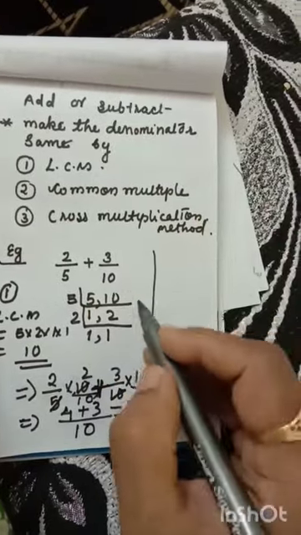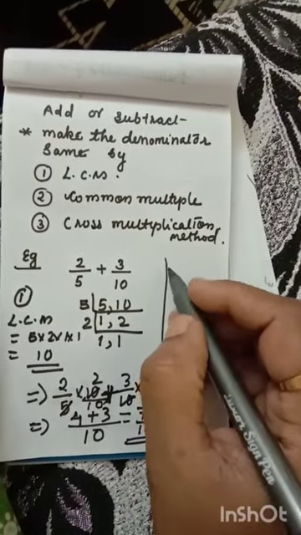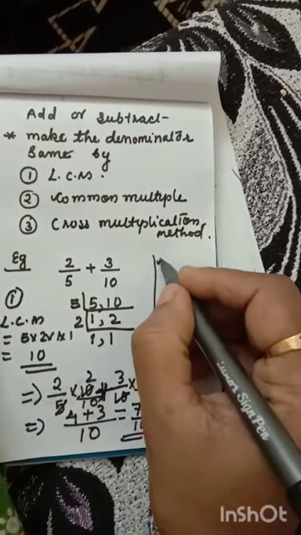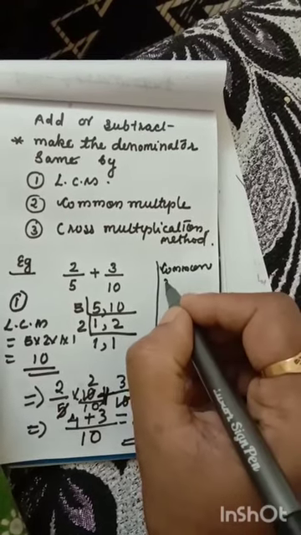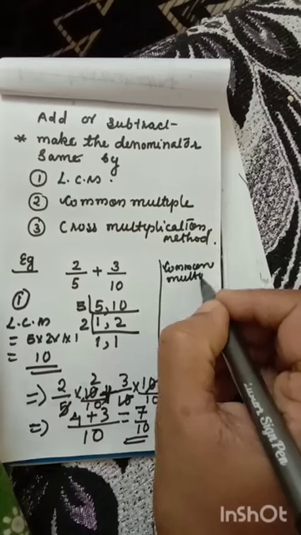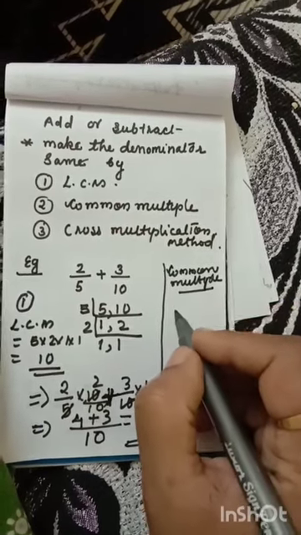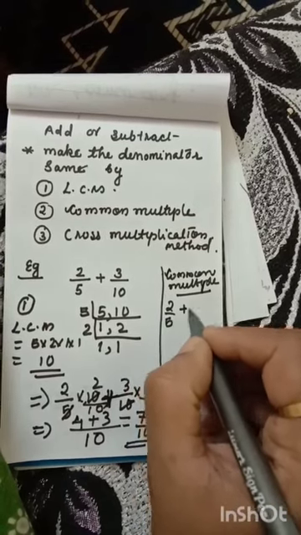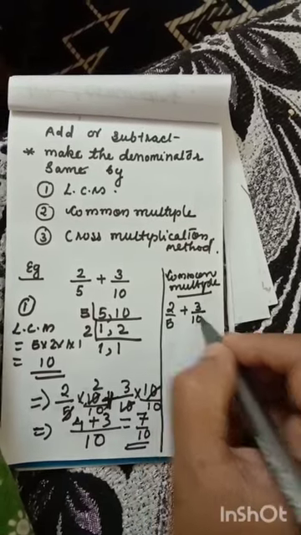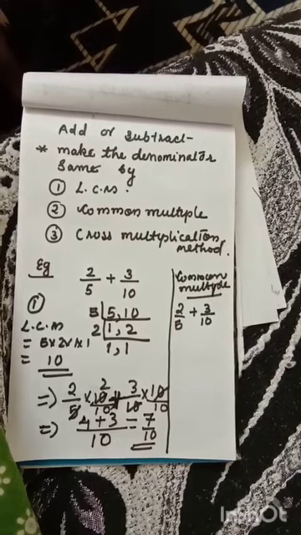Now, second, the common multiple method. You have to take any common multiple of 5 and 10. 5 table, 10 table.